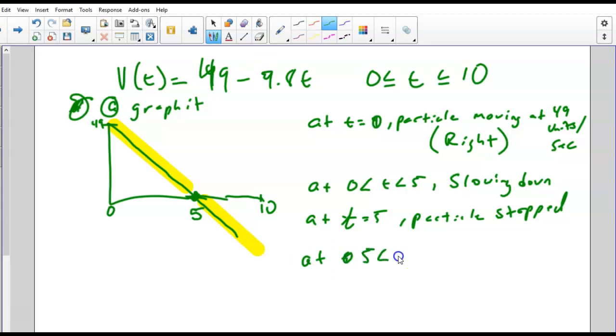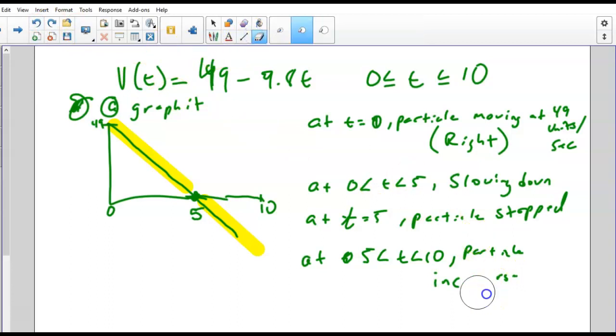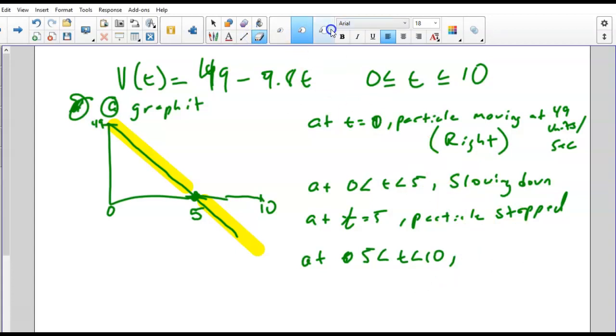And then from 5 less than t less than 10, what's the particle doing? Is it going toward 0 or away from 0? Away from 0. So we say the particle's increasing. I'm just going to keep it simple: we'll say getting faster or speeding up.